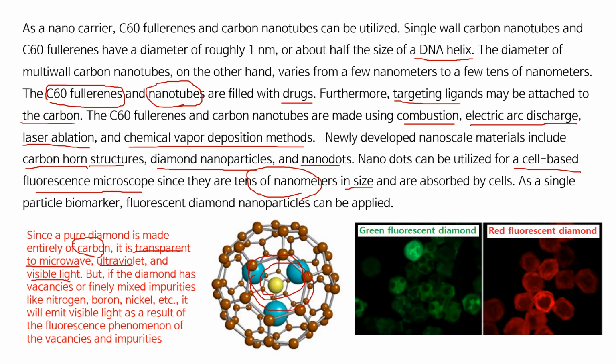However, if diamond has vacancies or finely mixed impurities like nitrogen, boron, nickel, it will emit visible light as a result of the fluorescence phenomena of the vacancies and the impurities. So in this way, we can see the fluorescent effect due to the vacancies or impurities.